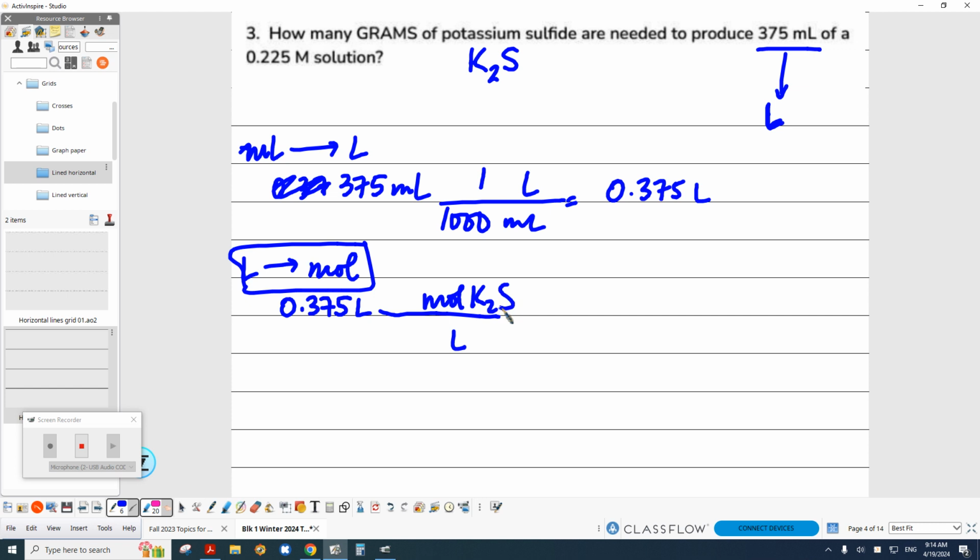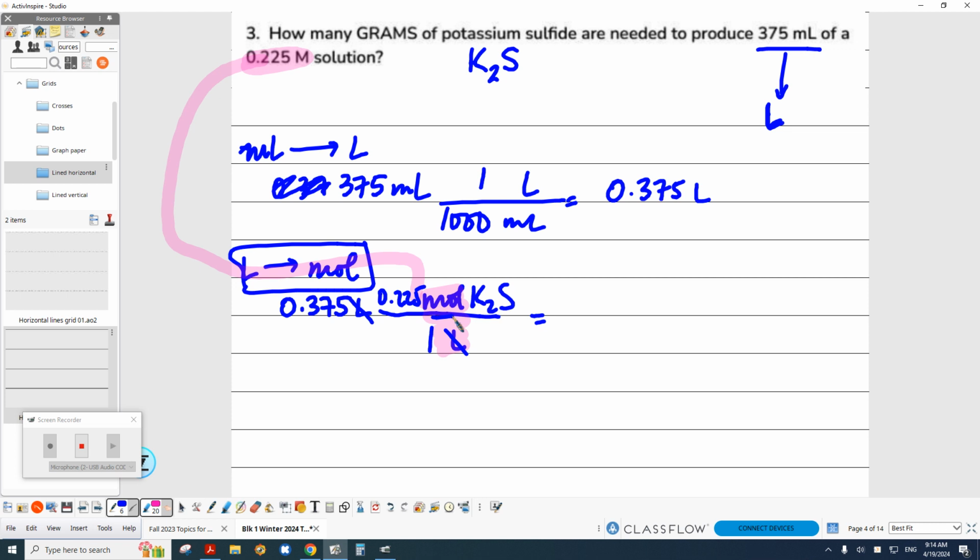Well, here's the relationship between moles and liters. It's right here. That's what this capital M means. This capital M means that there's 0.225 moles per 1 liter. That's the meaning of the molarity. And if you did that, you can now cross out the liters and you're left with moles.